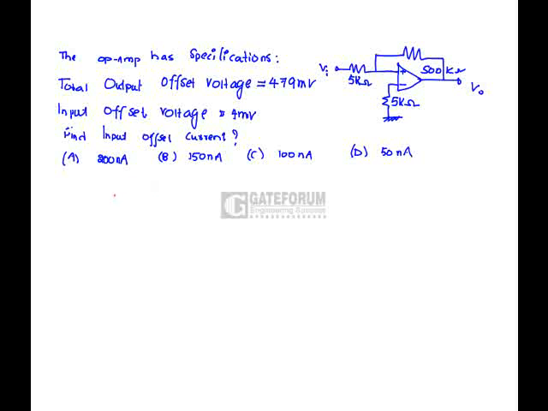Here the total output offset voltage is equal to input offset voltage multiplied with gain, that is 1 plus RF by R1, plus input offset current into feedback resistance.